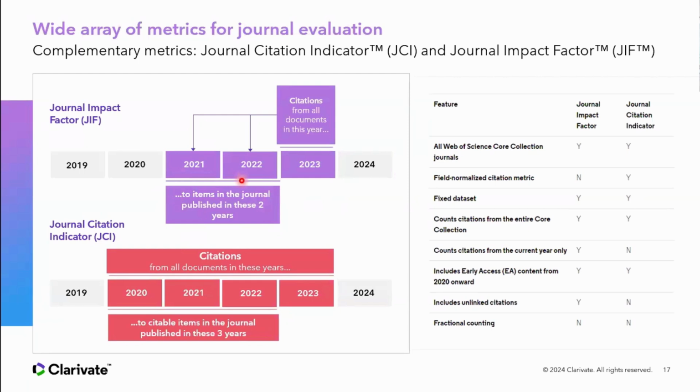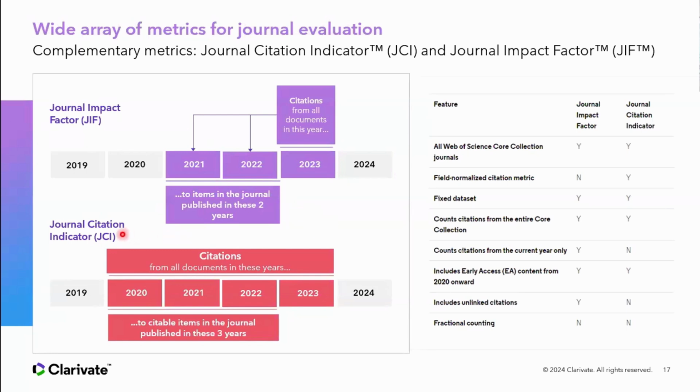So if you want to use the Journal Impact Factor to say, oh, this journal in veterinary science compared to this journal in business, I will not be able to tell which journal is performing better, because different citation behaviors will influence this value, and therefore you cannot use that to compare between different disciplines.